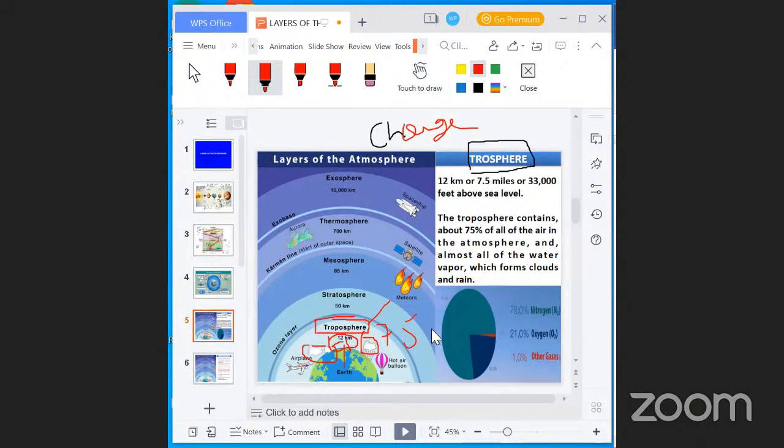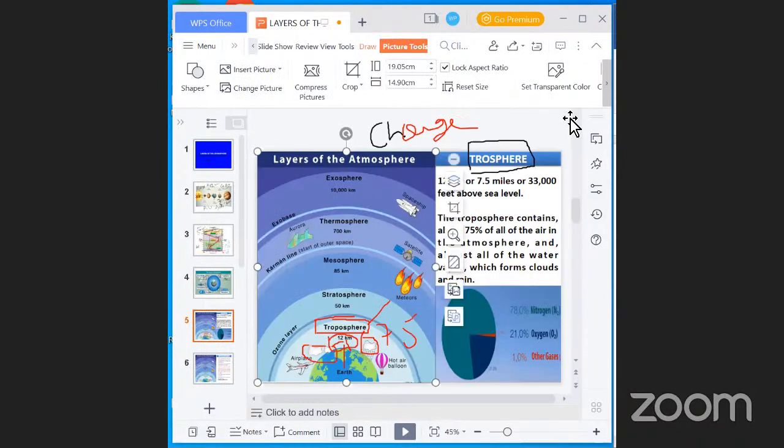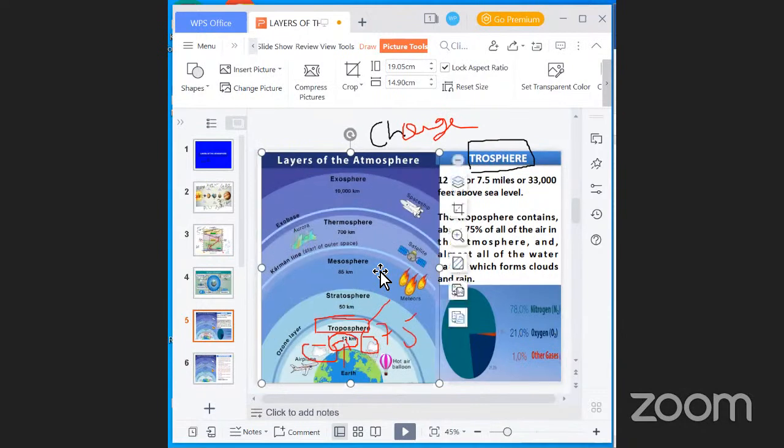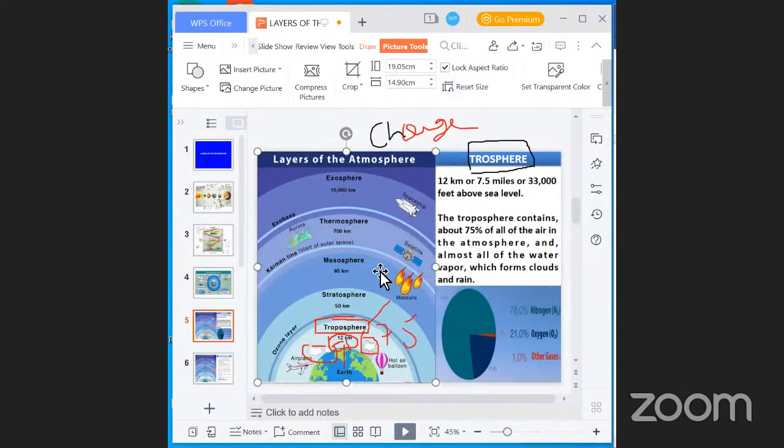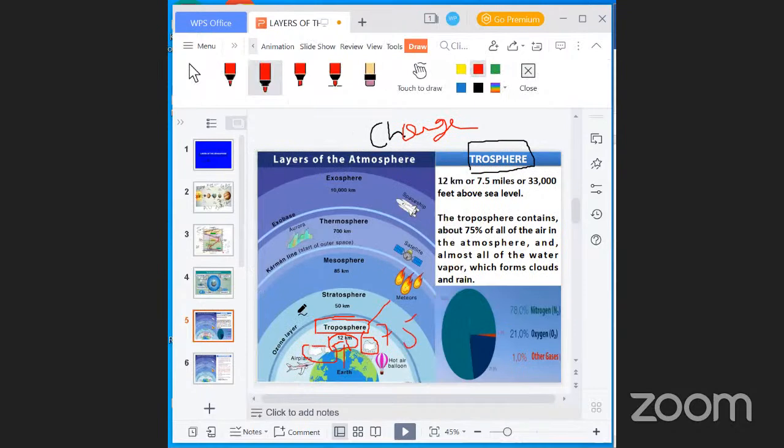Because 99% of the water vapor in the atmosphere is found in this troposphere. That is the main reason. That's why the clouds appear in this troposphere only.